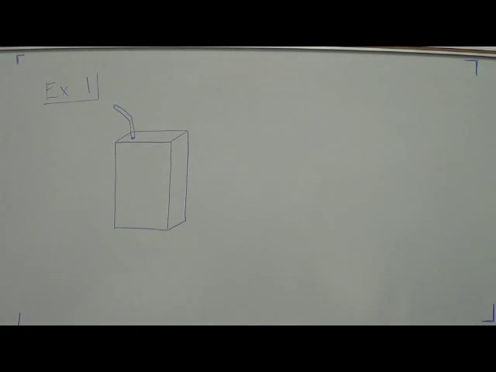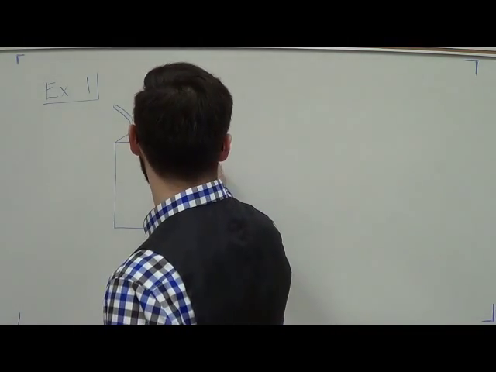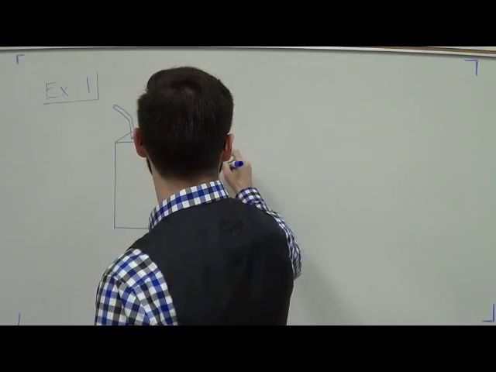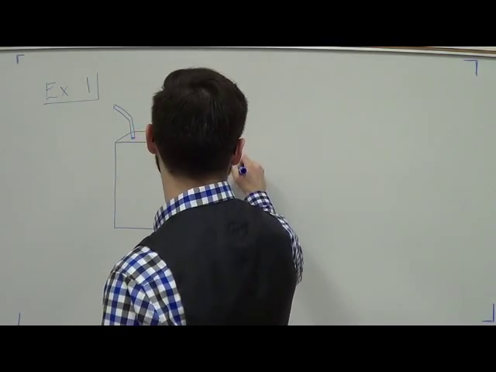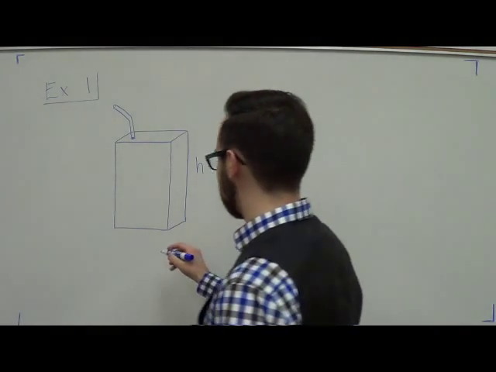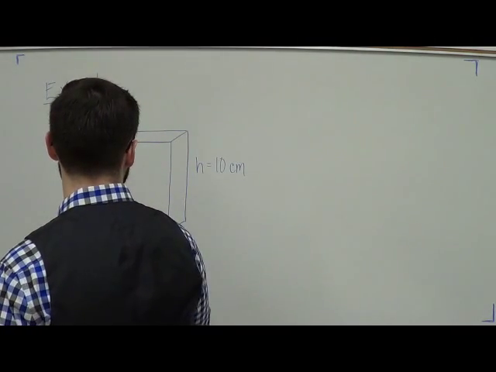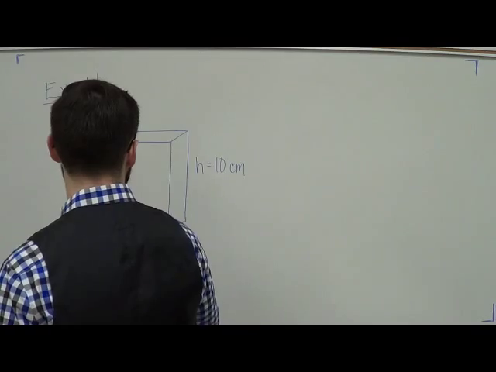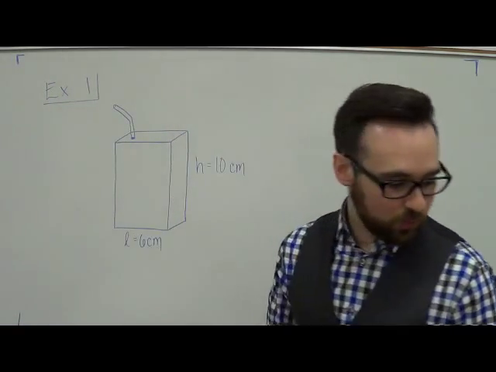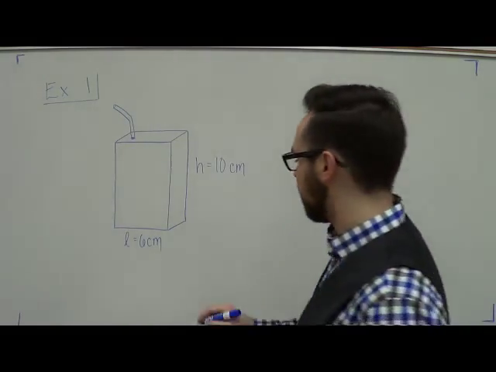You don't have to draw the straw, it's just there for fun. However, the height of this is 10 centimeters. The length of this is 6 centimeters. And the width of our juice box is 3 centimeters.